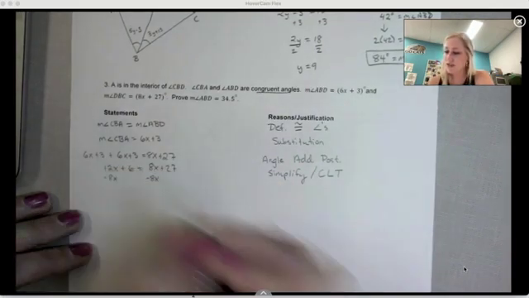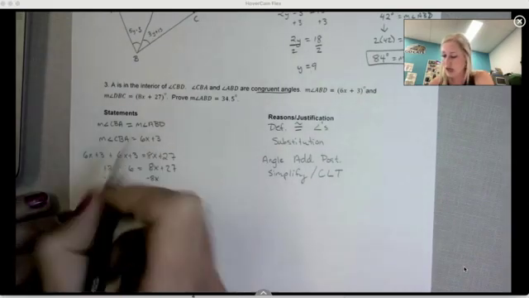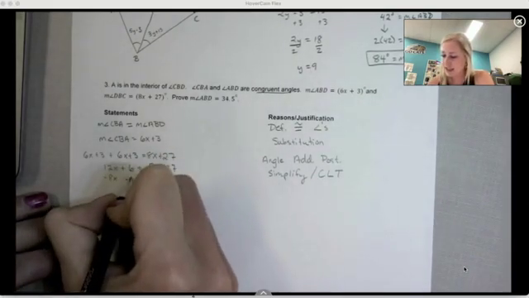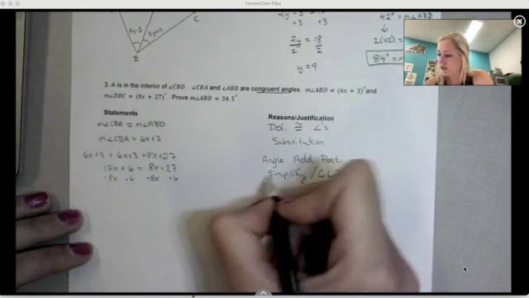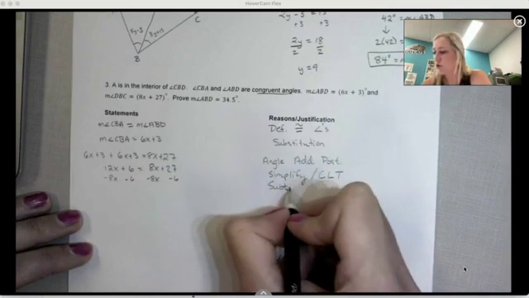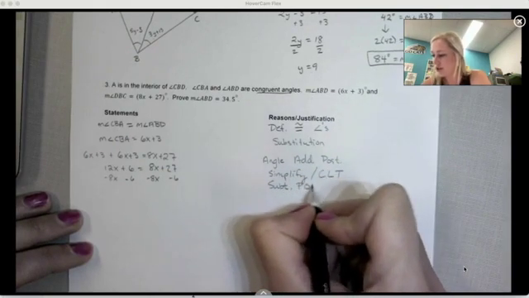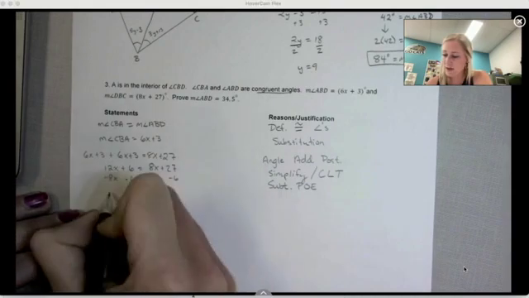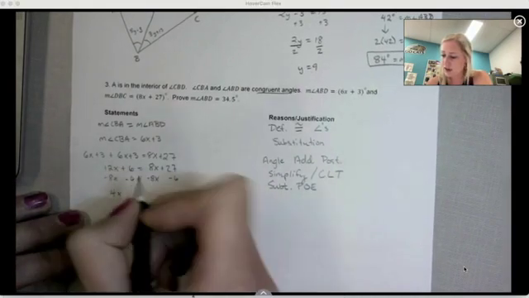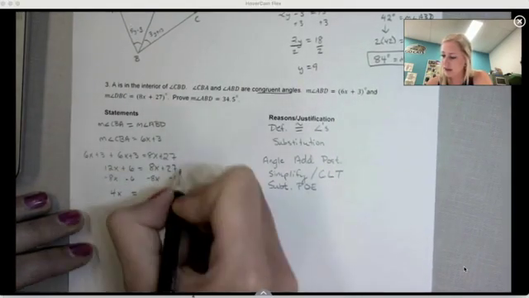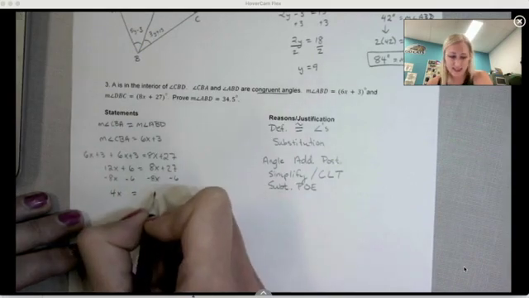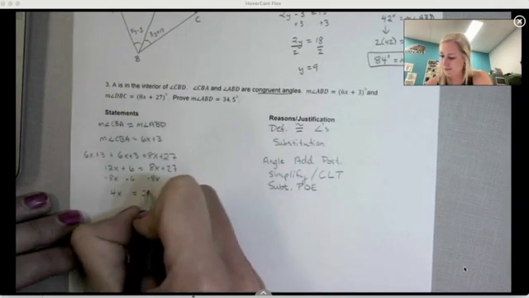I'm going to do this in one step, you guys. You could do this in two. I'm also going to move my 6 to the other side. So I'm using the subtraction property of equality twice there. So I'm subtraction, POE. I'm left with 4x. My 6 is gone. My 8x over here is gone. 27 minus 6 is 21.